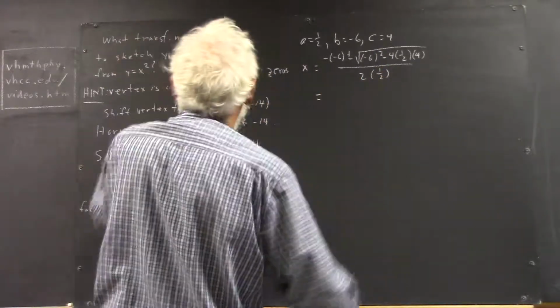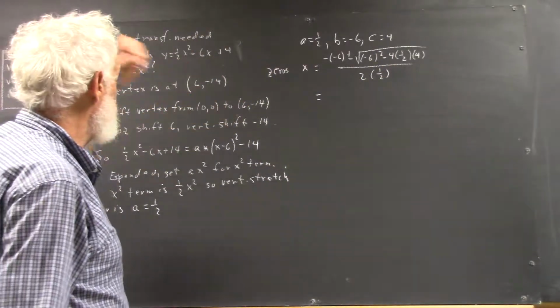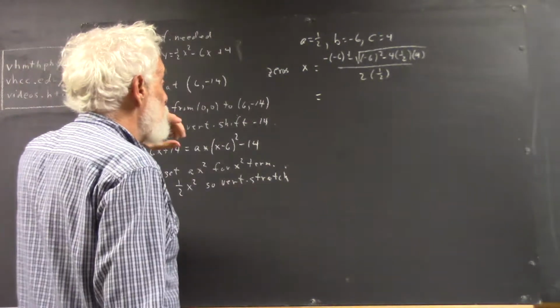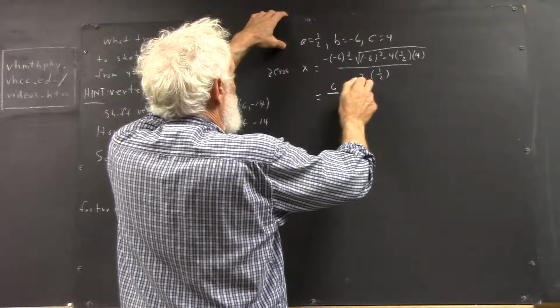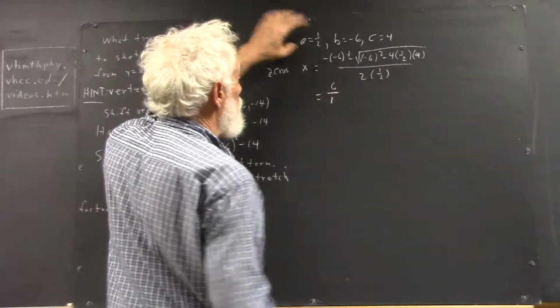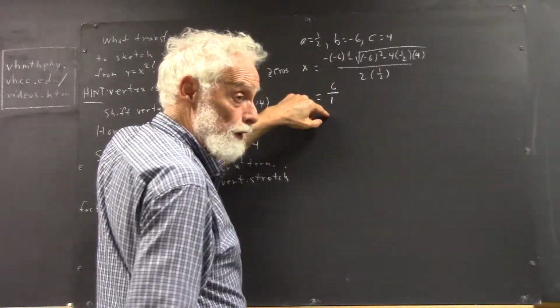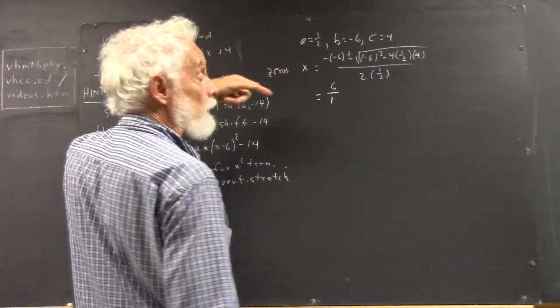Let's see if I was telling the truth when I said the vertex was at (6, -14). So -(-6) is 6, and you divide that by 2 times 1/2. That is where your vertex is.